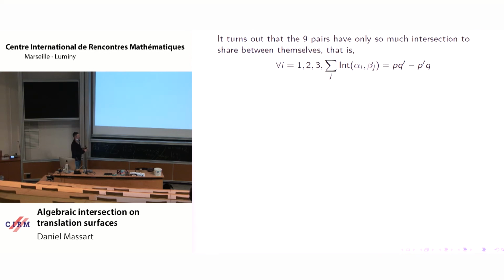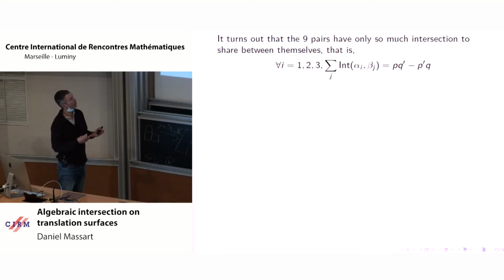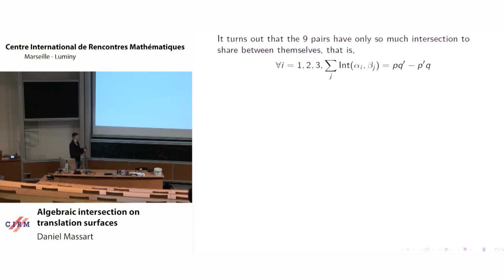So if you want to maximize intersection, you hope that for some special slopes, maybe, the intersection will concentrate on some special pair of geodesics instead of equidistributing over all 9 pairs. So you wonder what could be the pairs of slopes for which the intersection concentrates on some pair of geodesics.